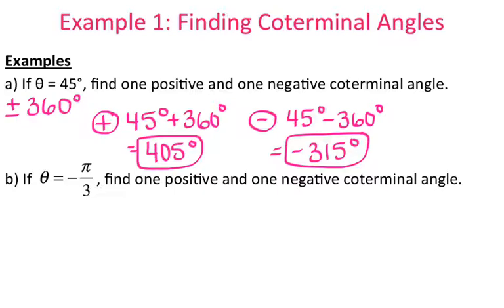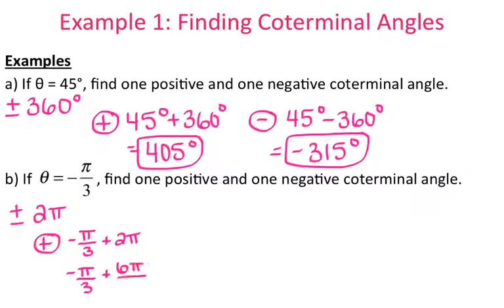For radians, a full rotation is 2 pi. So instead of adding and subtracting 360, I'm adding and subtracting 2 pi. For my positive coterminal angle, I'm going to start with negative pi over 3, and I'm going to add 2 pi to it. Well, 2 pi, in terms of 3's for my denominator, is 6 pi over 3.